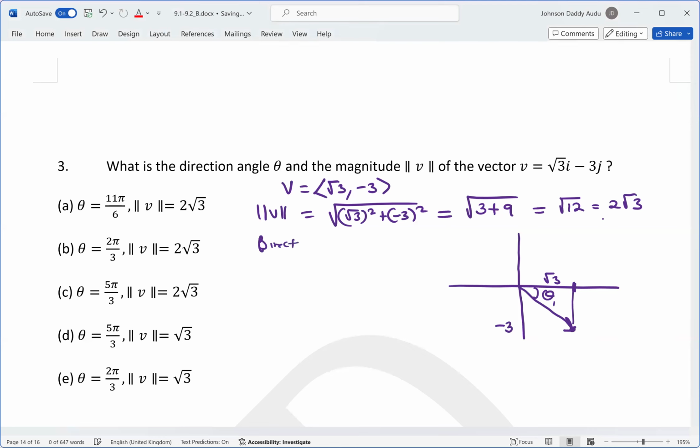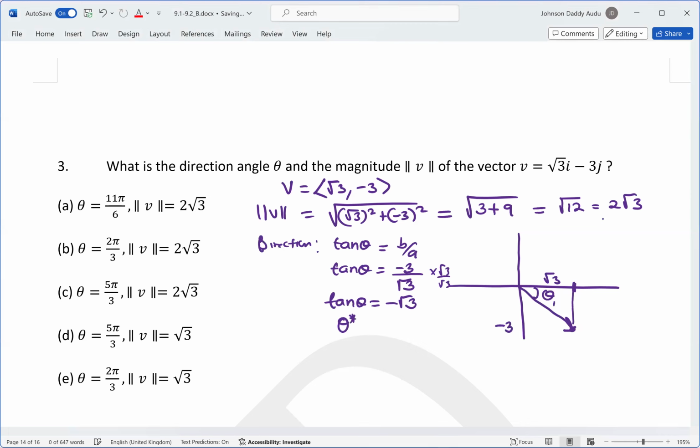For direction, we use tan theta is equal to B over A. So tan theta is -3 over root of 3. If you rationalize this by root 3 over root 3, this is just going to be minus root of 3.